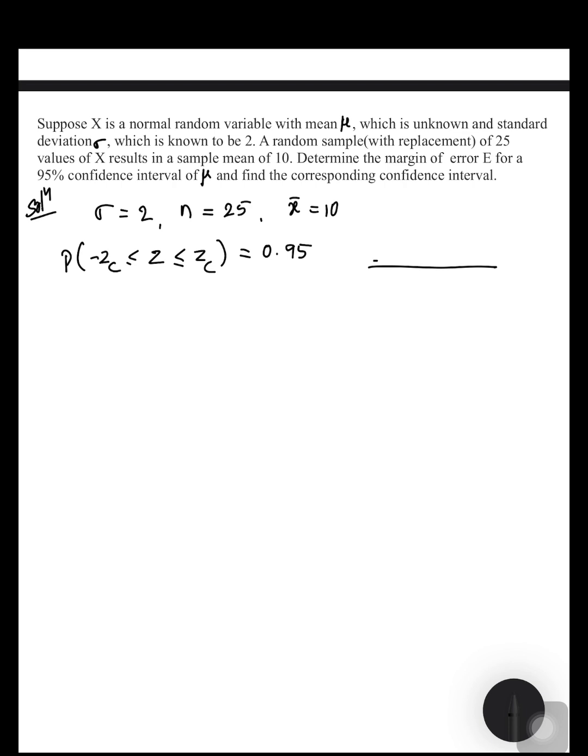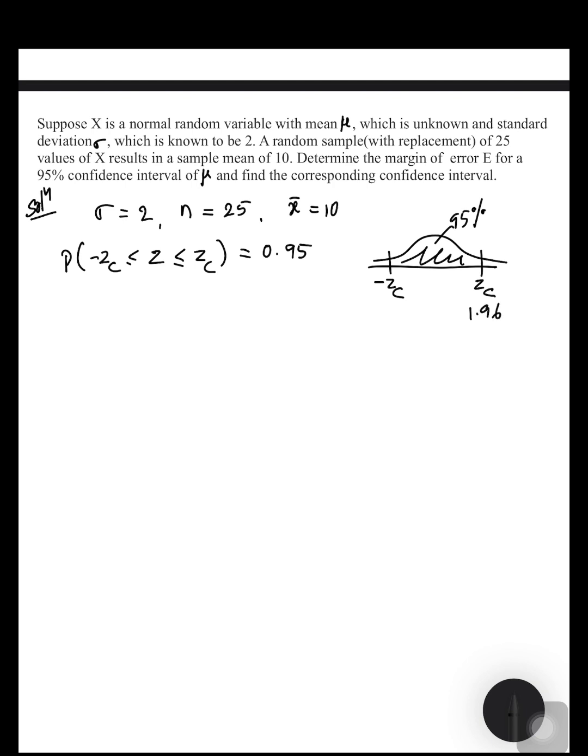And we have seen that the critical value for a 95% confidence interval is, so here we expect that 95% of the scores of the normal distribution lie in this region. So we have seen that the critical value for this is 1.96.